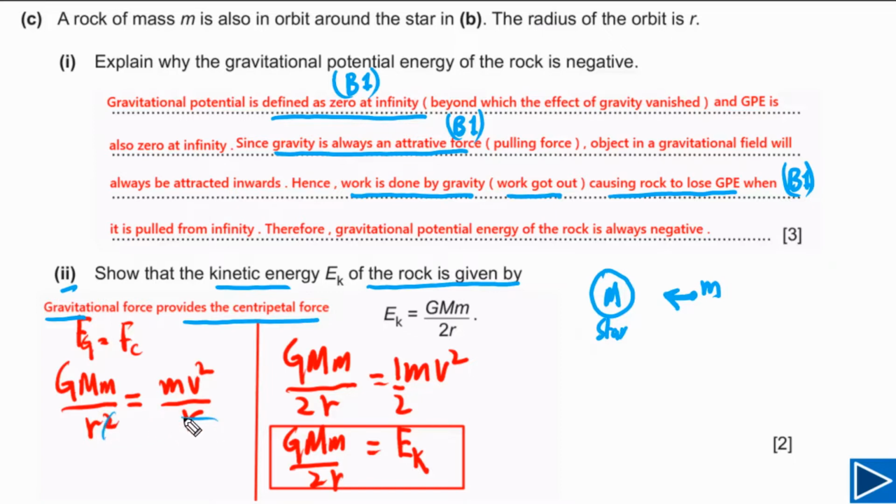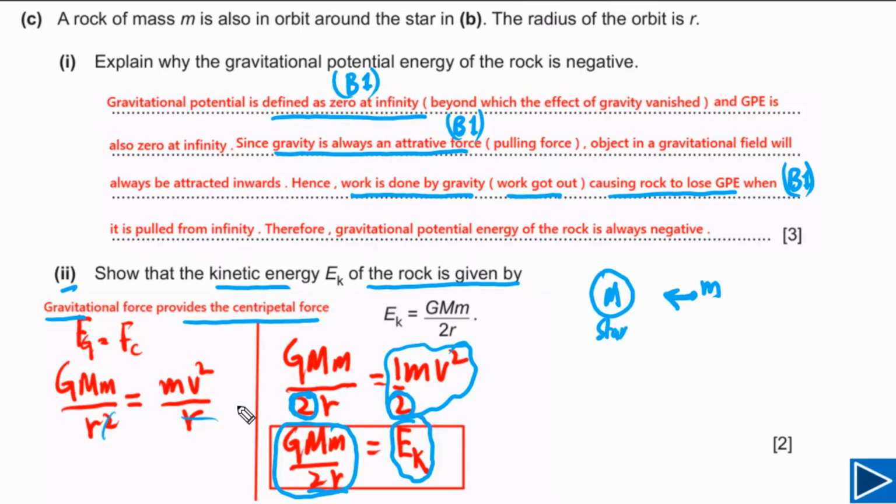So R we can cancel on both sides because this is common, and then we got this one here. So you can see G capital M small m over 2R. So we have divided by 2 on both sides. So this is 2 here and this is 2 here. And this is kinetic energy now. EK is equal to capital G capital M small m divided by 2.